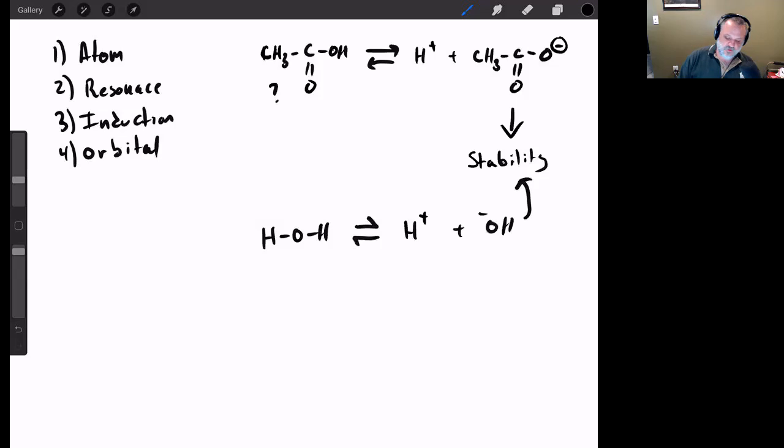Is it the carboxylic acid or is it the water? Well, we know the answer because if you've already sorted out the pKa's, you know the pKa of the carboxylic acid is lower than the water, and that's stronger.